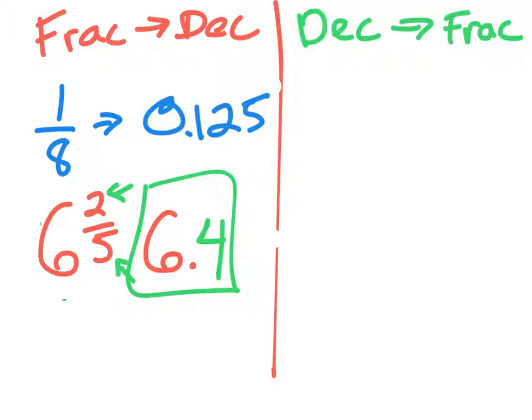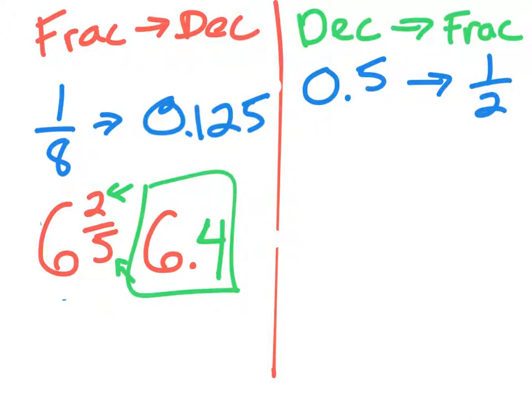Now looking on the other side, decimal to fraction involves just a few more steps, but not many. All we need to do when we're converting a decimal into a fraction, I'm going to start with the one we began with over on the fraction to decimal side, 0.5. We know that that converts to the fraction 1/2, correct?